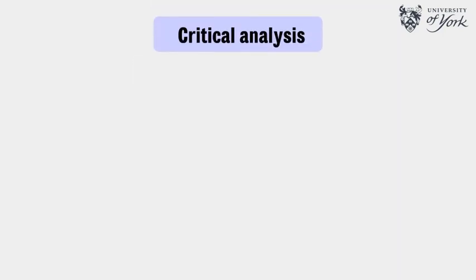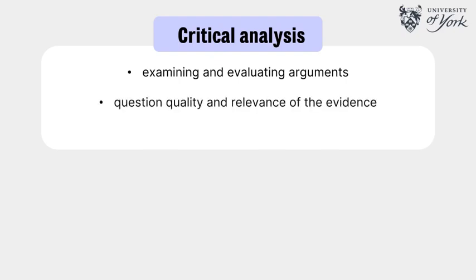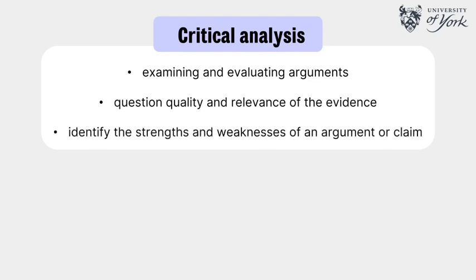Engaging with critical analysis is also an important aspect of academic writing. This involves examining and evaluating arguments and evidence to support the claims made. You will want to think about the quality and relevance of the evidence and identify the strengths and weaknesses of an argument or claim, which helps to provide a balanced and nuanced perspective.